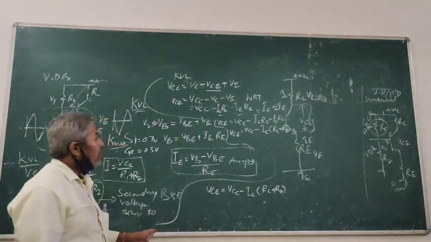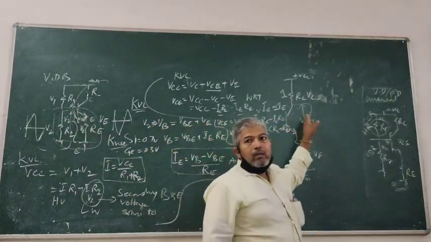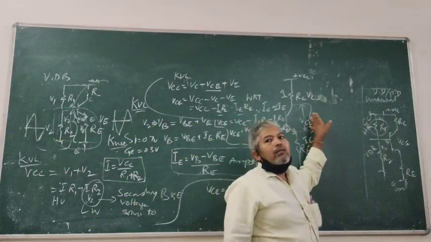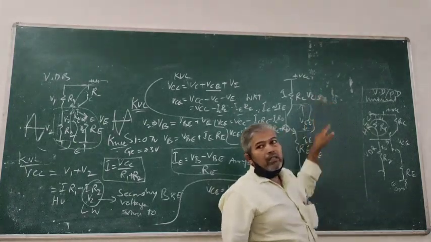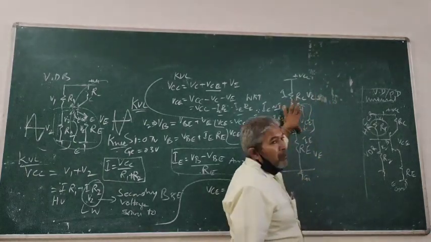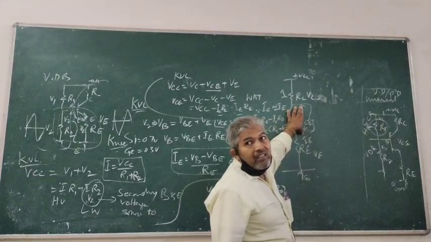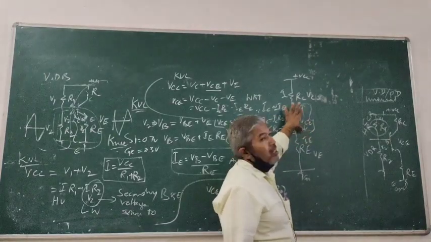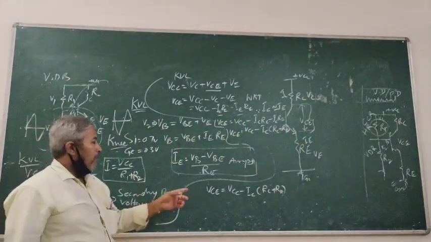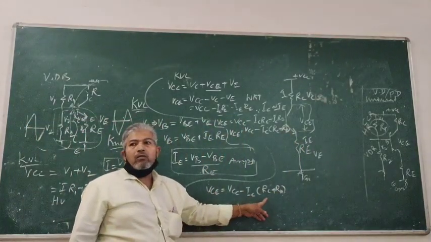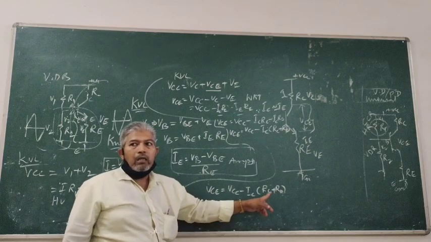Voltage means what voltage? The voltage across the emitter and collector of the transistor. It is not ground to ground. It is the transistor only. It does not include the resistors, only the transistor. So that's why VCE is VCC minus IC into (RC plus RE).